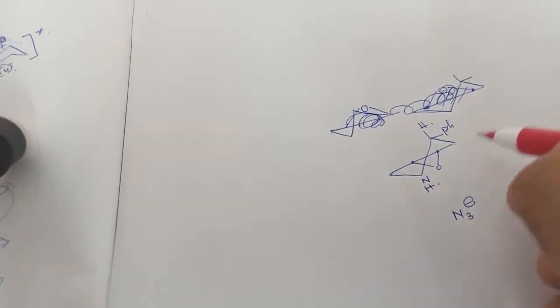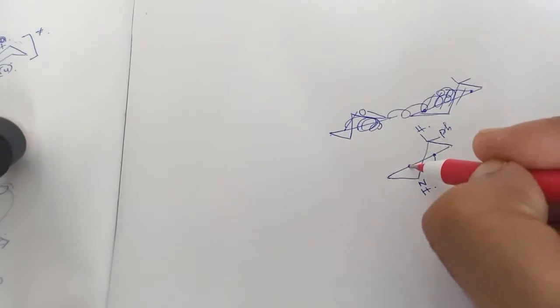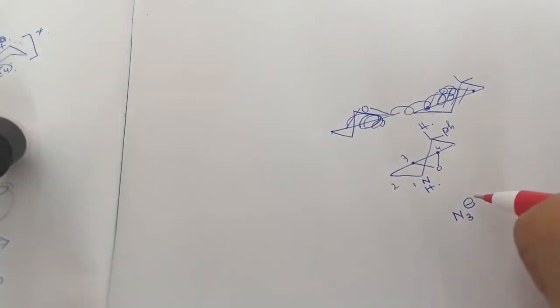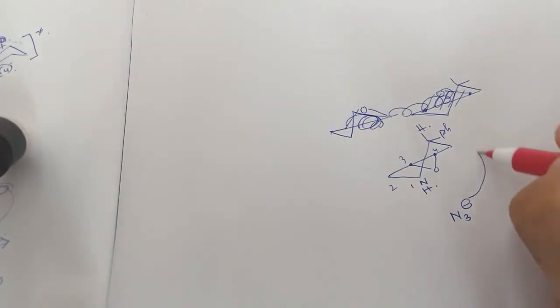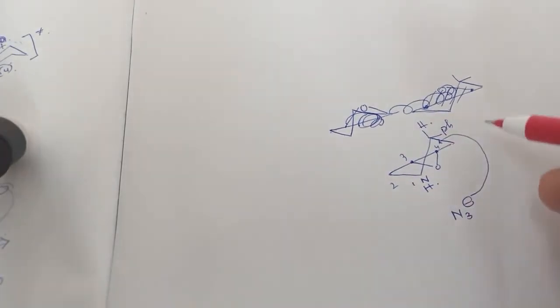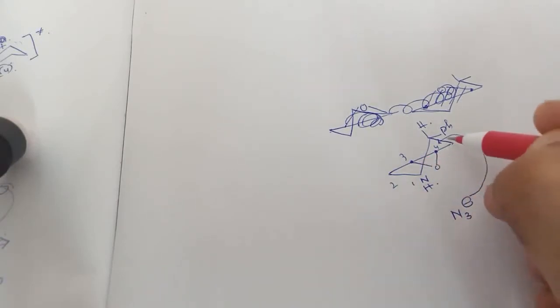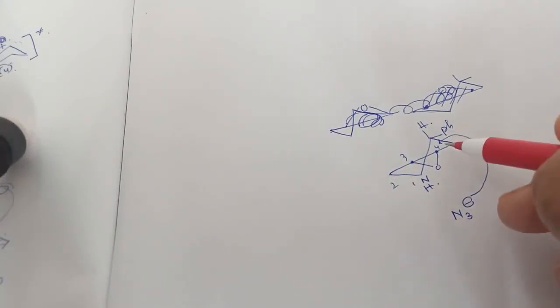So you can see there are two positions, this and this, 1, 2, 3 and 4, 3 or 4. Between 3 and 4, N3 minus will attack from the 4 position, because it is confirmed that the epoxide is below, so it will attack from the above side.